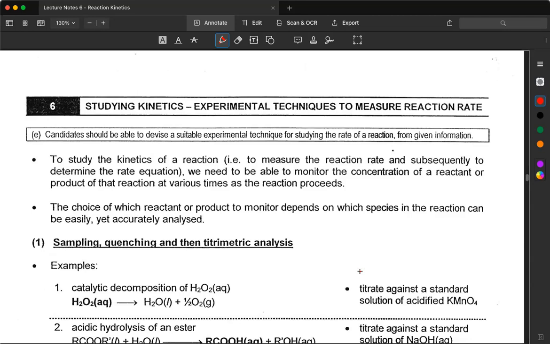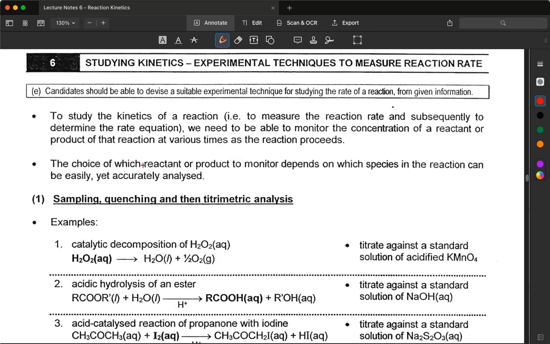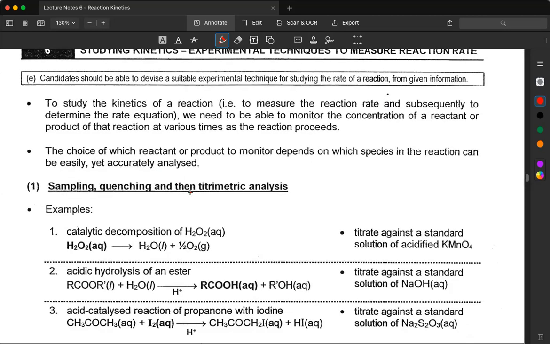Now, to study kinetics of a reaction, which is to measure the reaction rate and determine the rate equation, we need to be able to monitor the concentration of reactant or product at various times as the reaction proceeds. So the choice of which reactant or product to monitor depends on which species in this reaction can be easily yet accurately analyzed.